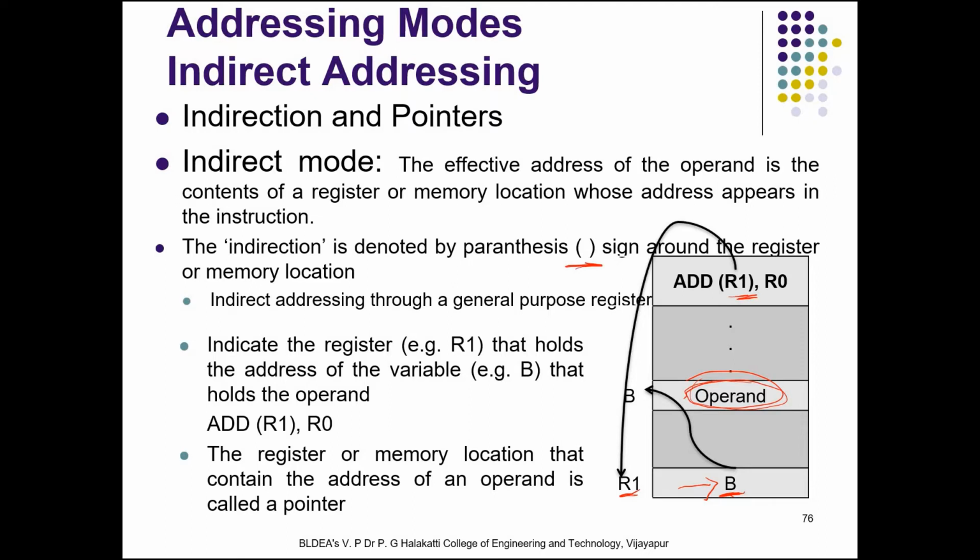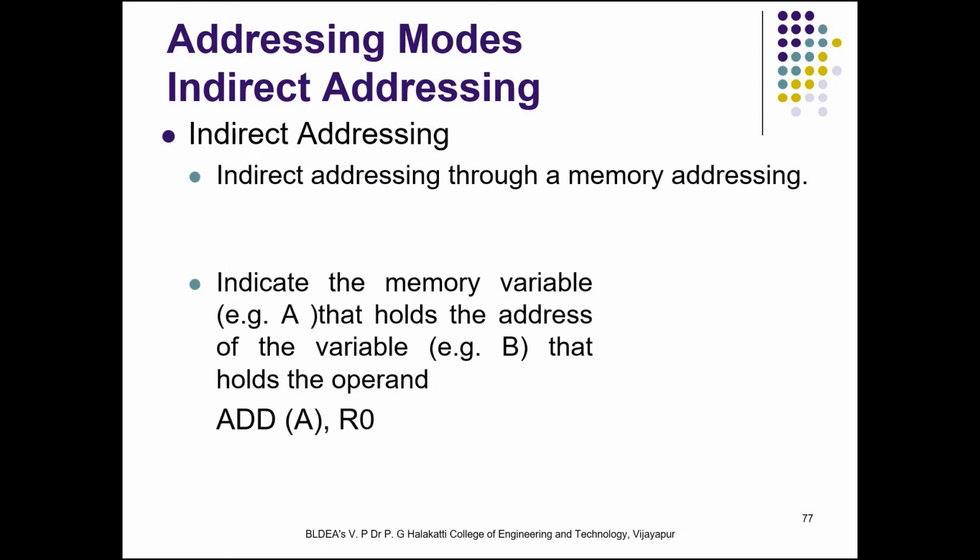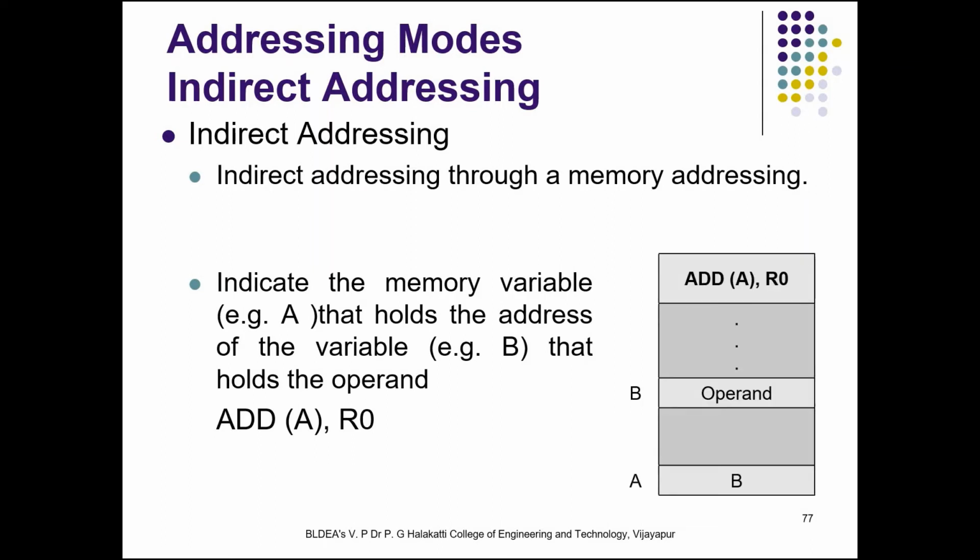Okay, so indirectly I am telling that the operand that is contained in location B has to be added to R0. Same way we will see here indirect addressing through a memory address. Instead of a register, I have used here a memory variable.